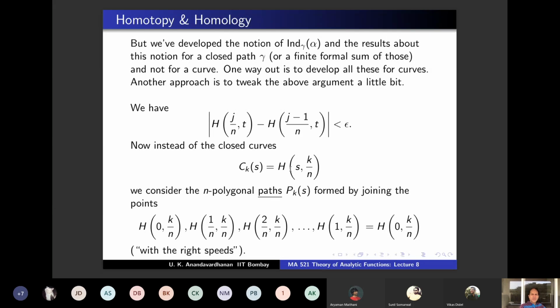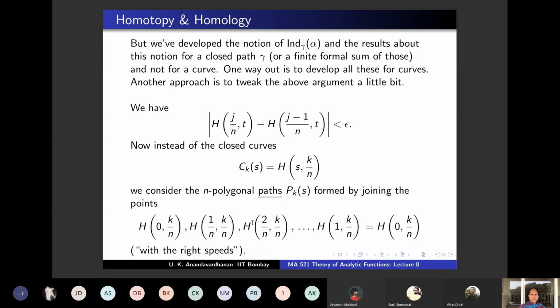So if you take the straight line joining this and subtract, I am taking s going from 1 by n to 2 by n. A point here will be on the straight line joining these 2 points, and a corresponding point there will be h of (s, k by n).